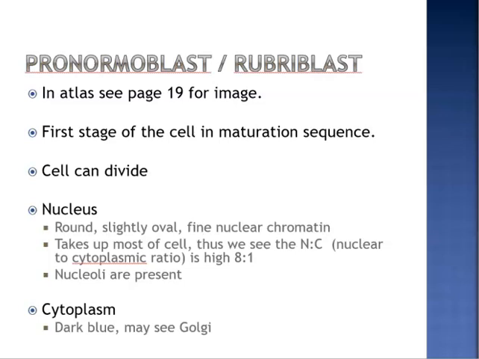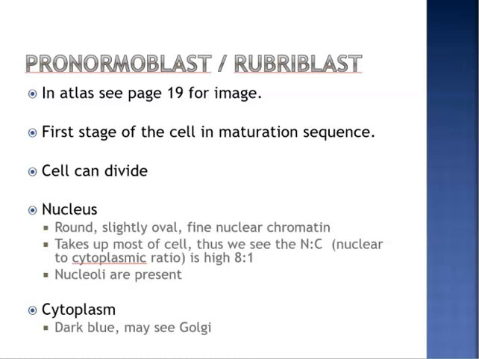In different steps, there'll be different ratios. But in this first step of maturation for red blood cells, the N:C ratio is 8:1, which means the nucleus is taking up most of the cell. And also there are nucleoli present within the nucleus.